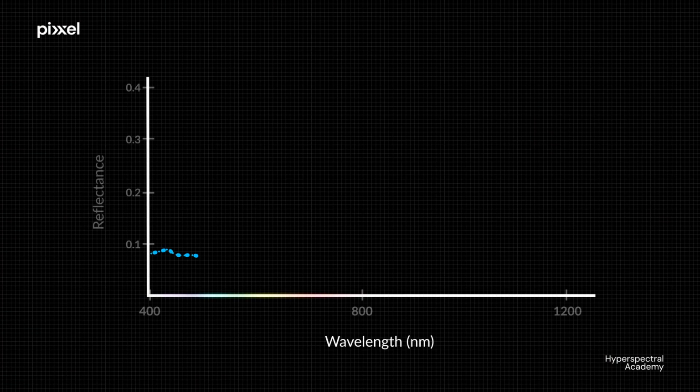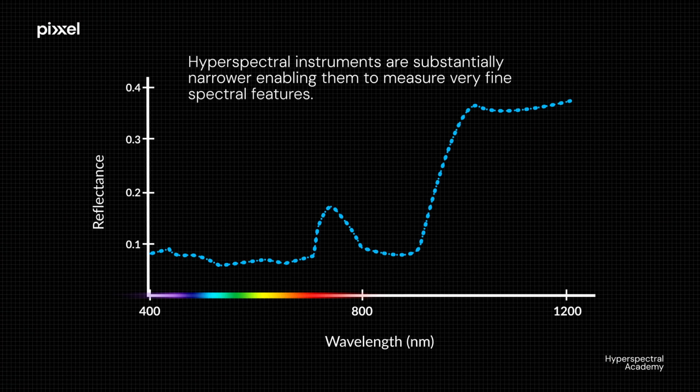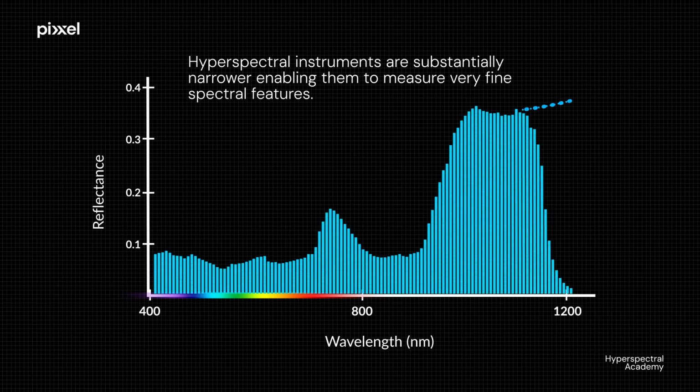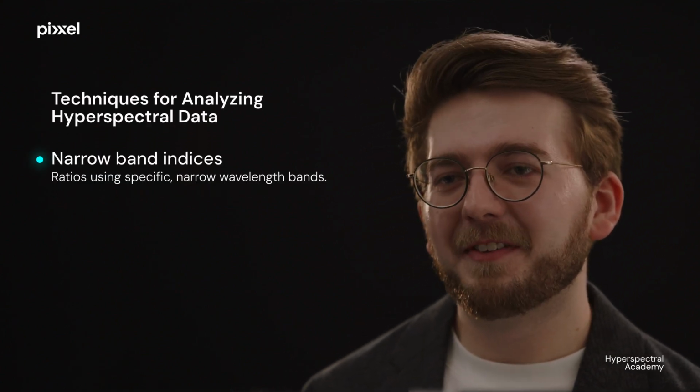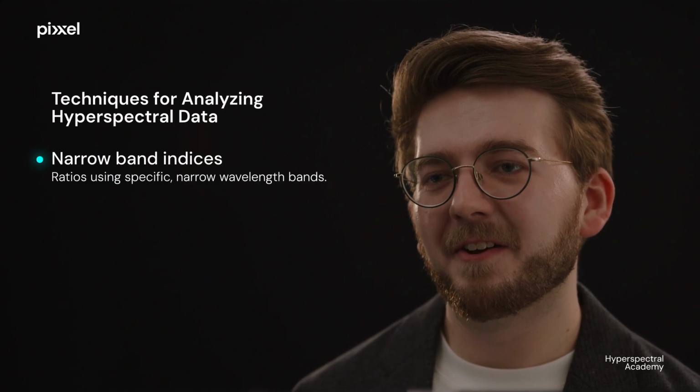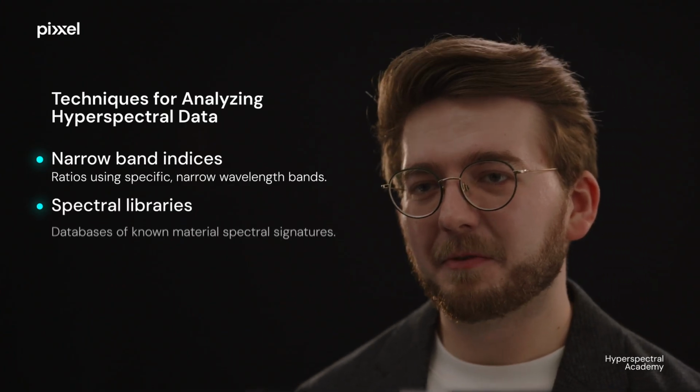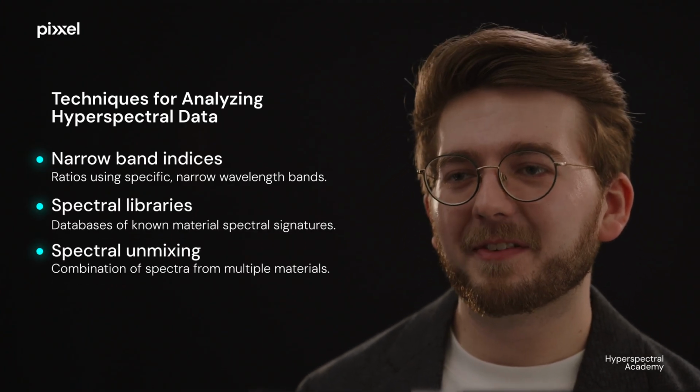In addition to more bands than multispectral sensors, hyperspectral bands are substantially narrower, enabling them to measure very fine spectral features. This large number of narrow bands allows hyperspectral instruments to measure and identify the spectral signatures of many unique materials. This can be done through narrow band indices that are specifically designed to leverage the fine spectral detail of hyperspectral data, spectral libraries, or advanced spectral unmixing techniques.